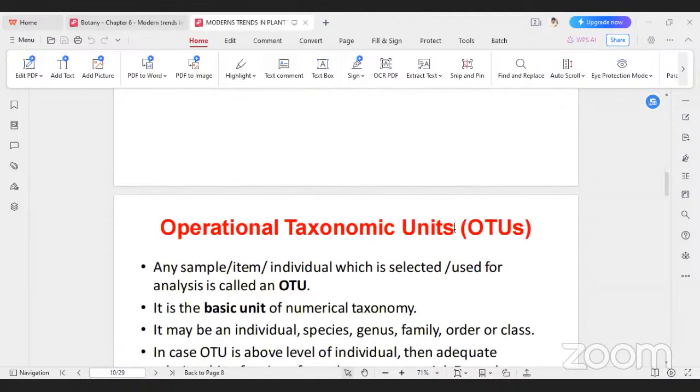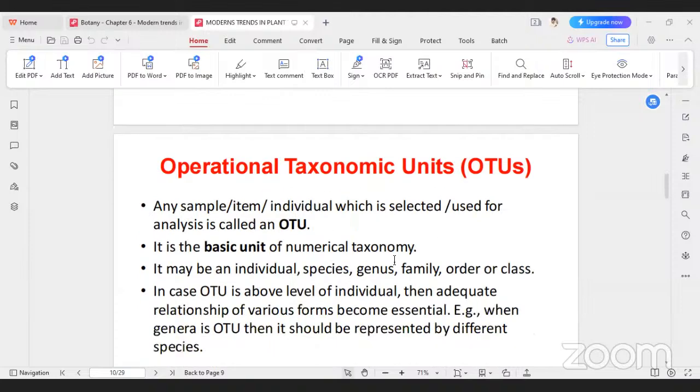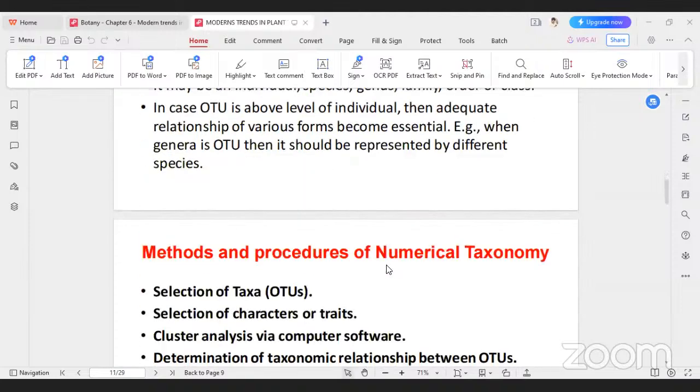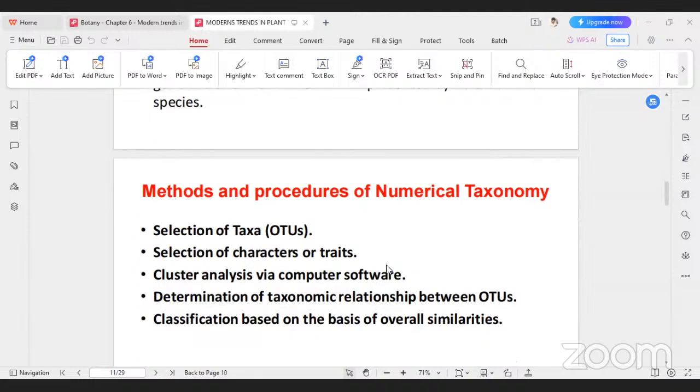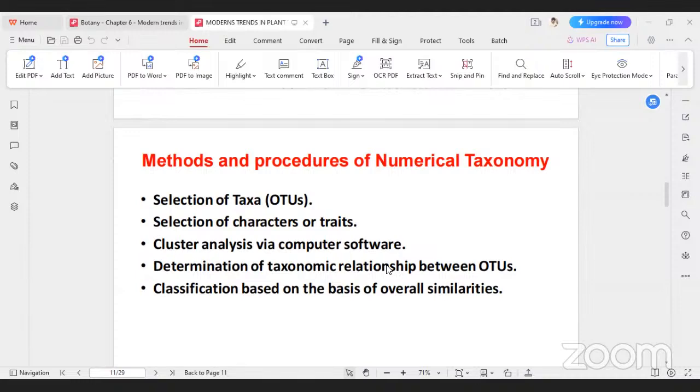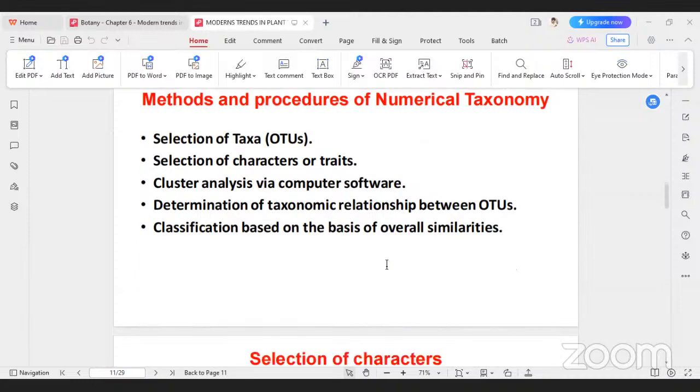For numerical taxonomy, some of the important criteria or aspects are: operational taxonomic unit, selection of characters and traits, cluster analysis by computer software, and determination of taxonomic relations between OTUs, which means classification based on overall similarities.